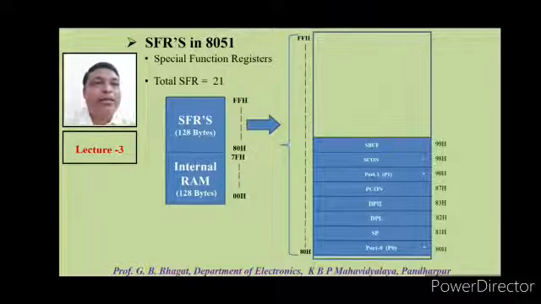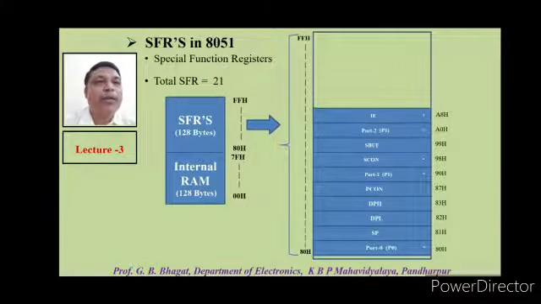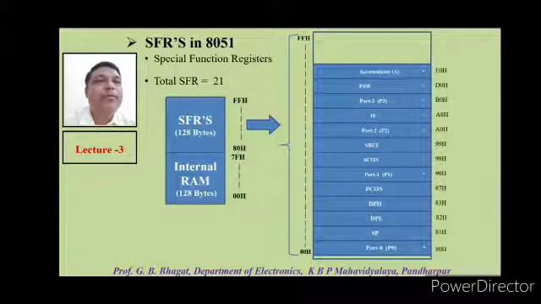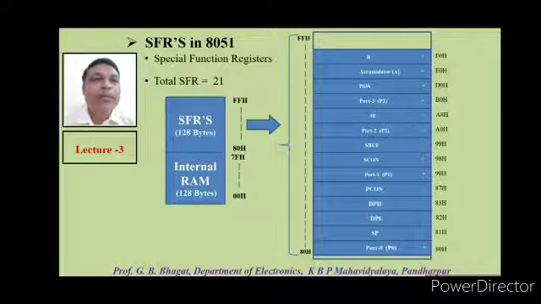Like this, there are various SFRs such as port 2, then IE, then port 3, PSW, accumulator, then register B, like this. But these SFRs do not have the addresses in proper sequence, because in between some of the bytes are kept blank.